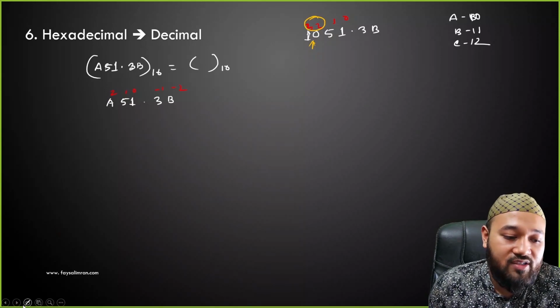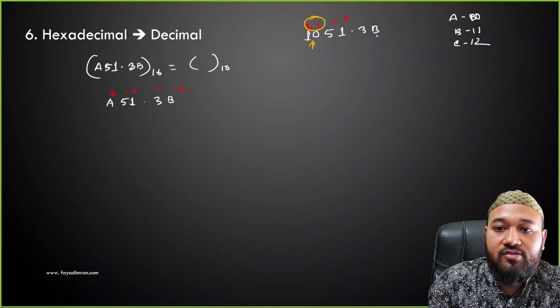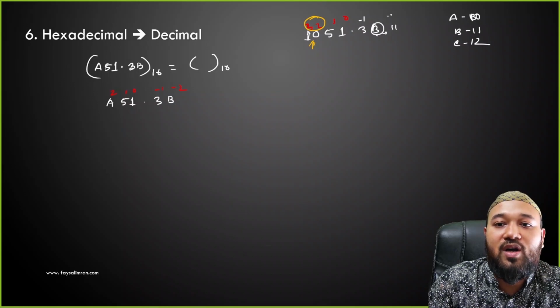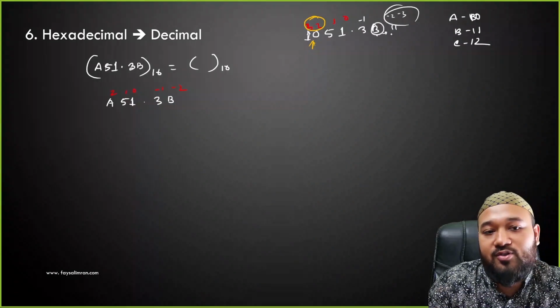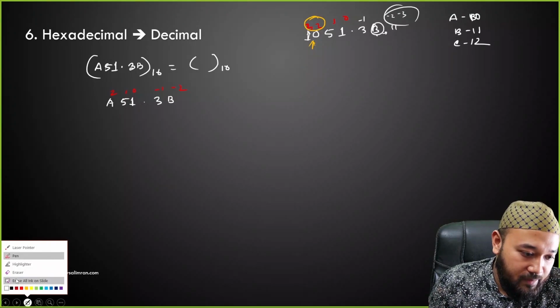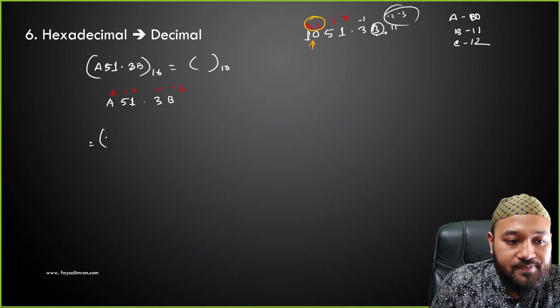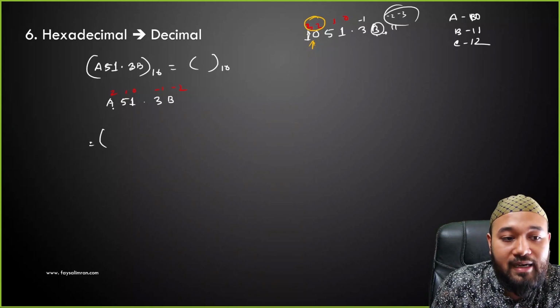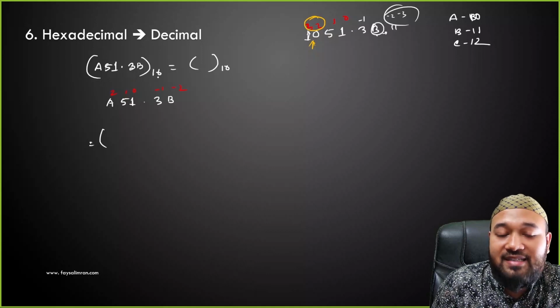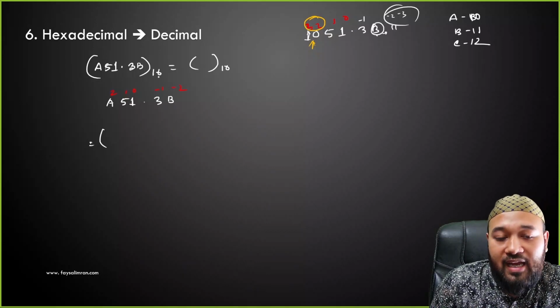Okay, do you understand? Yes, sir. In the same case, you cannot write 11 for B, because then you would have to give the powers minus 1, minus 2, minus 3. This is also not possible. So that's why we have to keep the digits as they are. Now I have to multiply all the digits by powers of 16, but we cannot multiply A and 16.